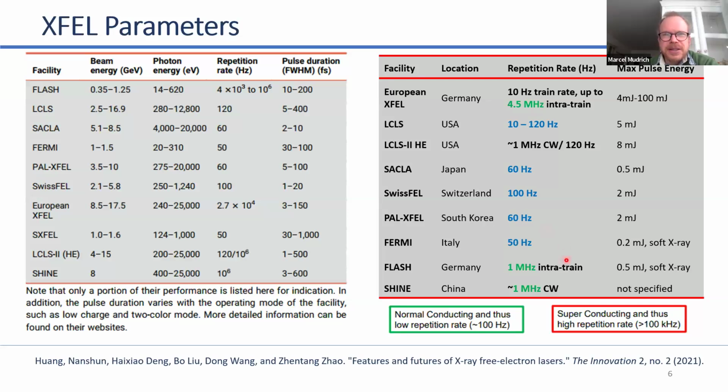LCLS-II, the next generation LCLS, has the goal to produce continuous 1 megahertz repetition rate pulses. They are not there yet because this is very challenging, but it's getting there. But my question is, why do you think it is really important to have high repetition rates for these kinds of studies?